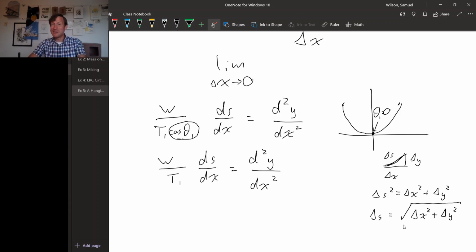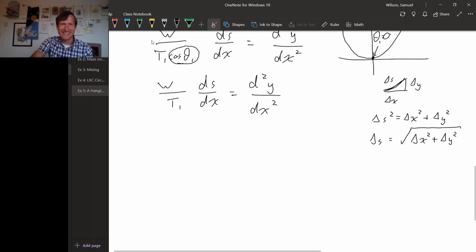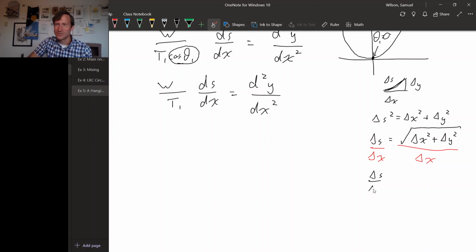Okay, now we can divide both sides of this by delta x, like this. On the left-hand side, this is delta s over delta x equals, now we can move this delta x inside of the square root. We get the square root of delta x squared plus delta y squared over delta x squared.